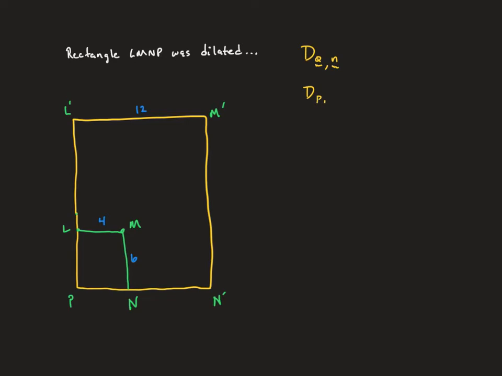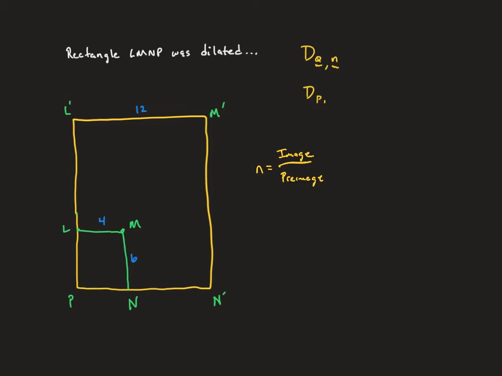Now what the scale factor is going to be, I don't know for sure, but what I can do is say that the scale factor could be the image segment divided by the pre-image segment. So here I have the new image segment, L prime M prime, and I could divide that by the pre-image LM. So again, the scale factor is the image divided by the pre-image.